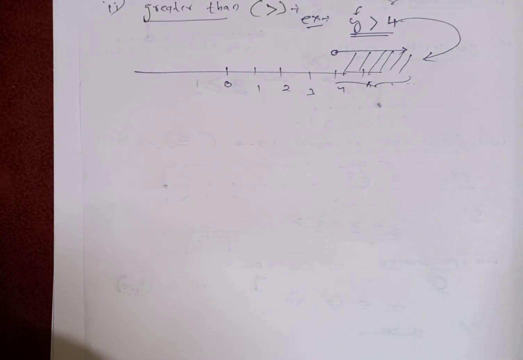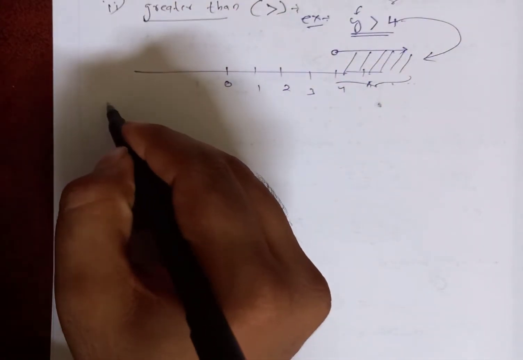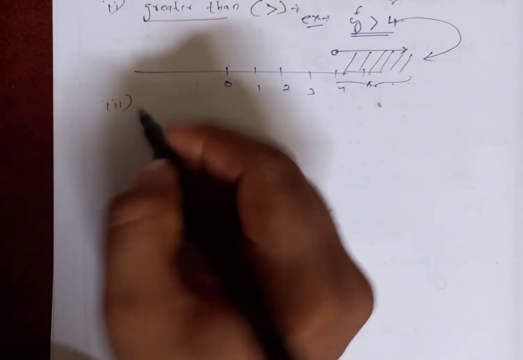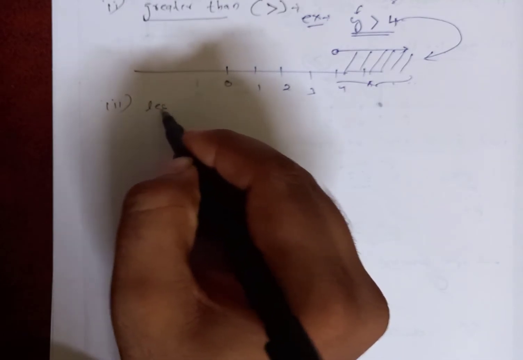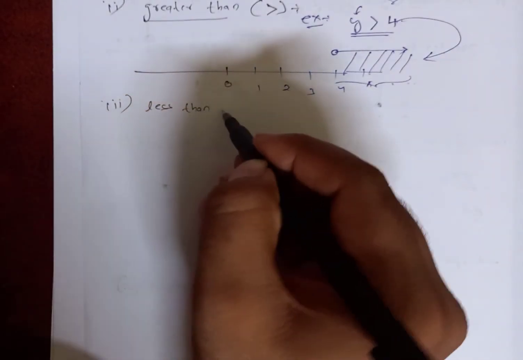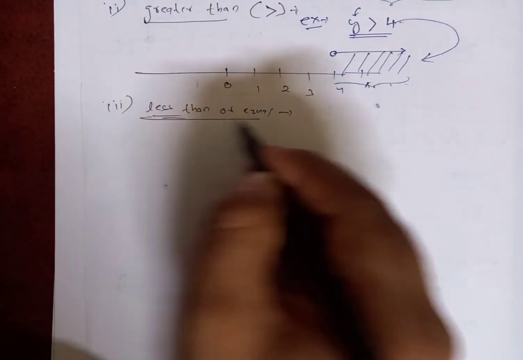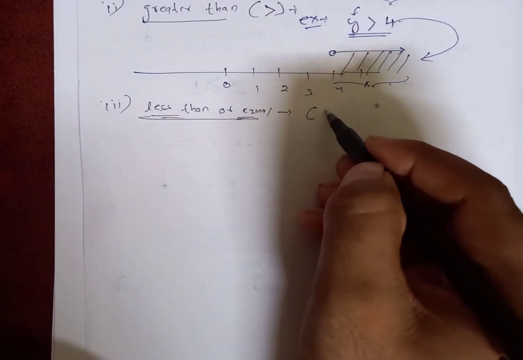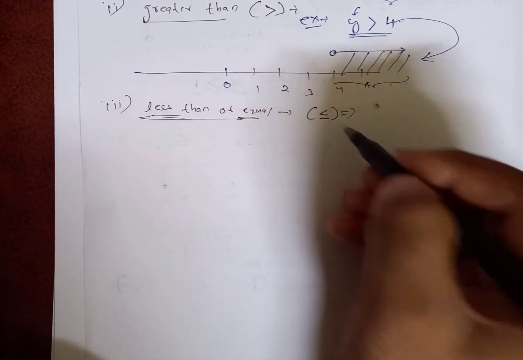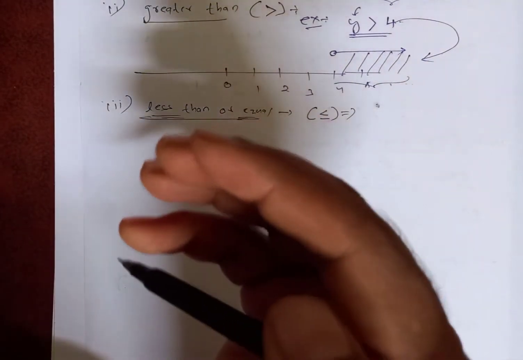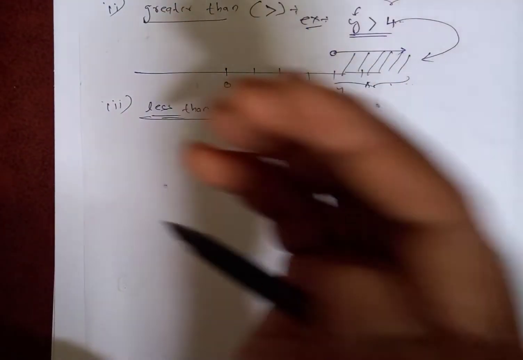Then the next symbol, the third one, was less than or equal to, which is denoted by this. It implies that some number is less than or equal to some other number.